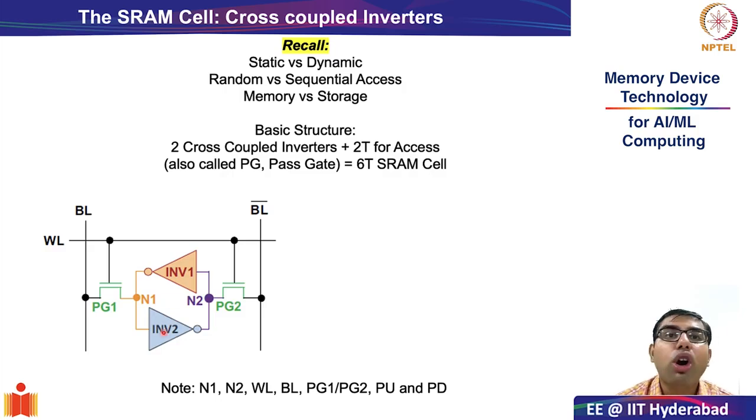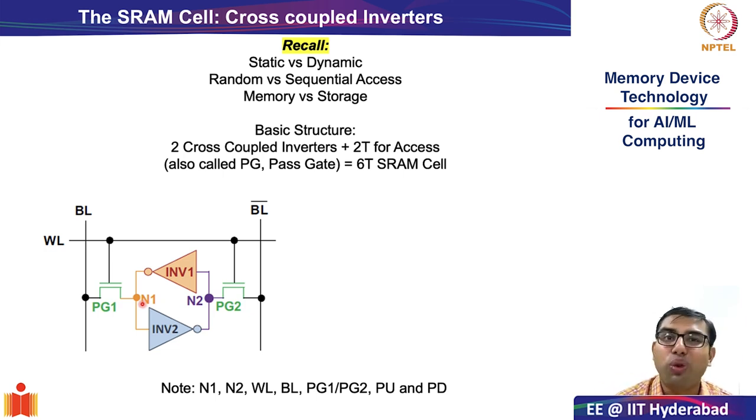They are called cross-coupled because the input of inverter 2 is connected to the output of inverter 1, and that is through storage node 2, and the output of inverter 1 is connected to the input of inverter 2, and that node or that point or junction is called storage node 1.